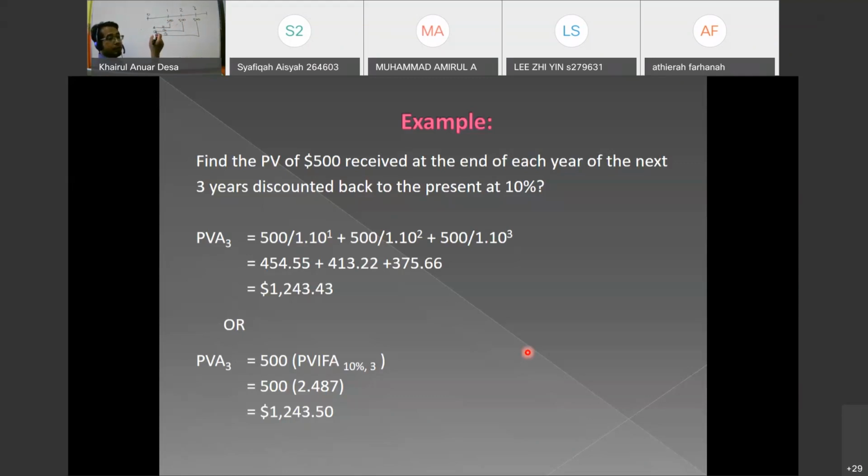So here is the 454.5. Here 413.2, and then 375.66. So the total is 1243.43.